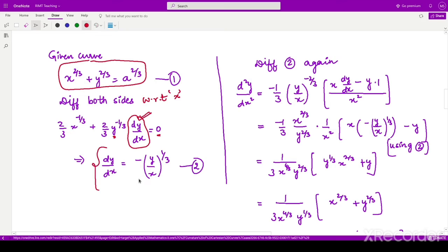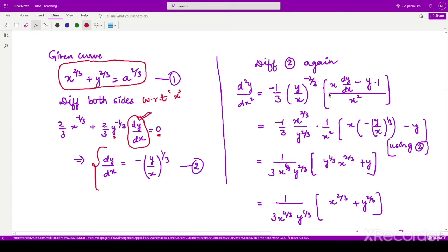Next we shall differentiate it again. When you differentiate this quantity again, the left side becomes the double derivative. On the right hand side we have the derivative of this power first. So 1 by 3 comes here, and then we have y by x raised to power minus 2 by 3, and then the derivative of this y by x.